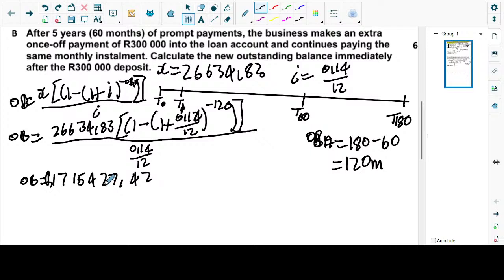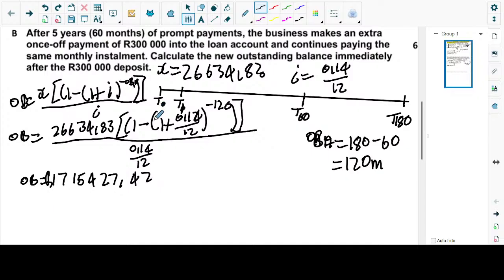So what we do is we get our statement. The statement says that after we've paid for 5 years, this is how much we still owe. Okay, it's fine. We're going to try to decrease this amount by putting 300,000 on the bank.